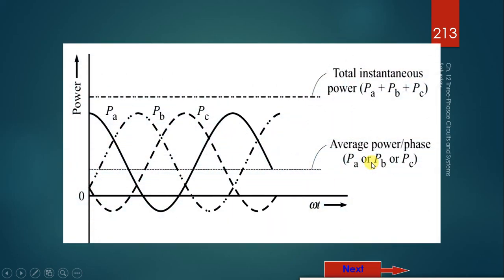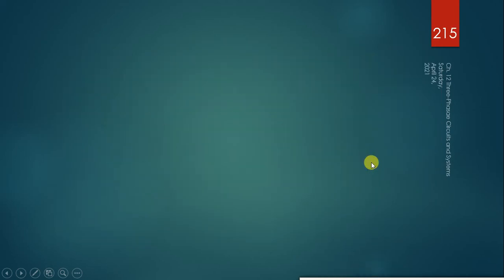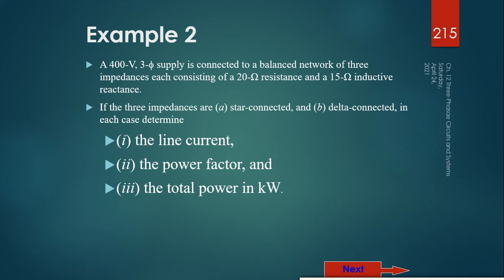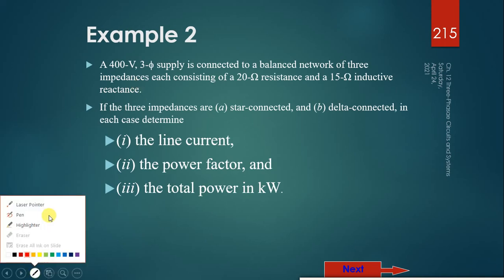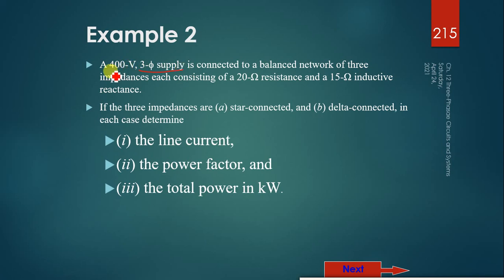So the question is given like this: a 400 volts 3-phase supply. Keep this in mind, it is connected to a balanced network, that is Z1 is equal to Z2 is equal to Z3. This concept you have to remember till the end of these 3-phase circuits. It consists of two things: 20 resistance and 15 inductive reactance. R is 20, XL is 15.